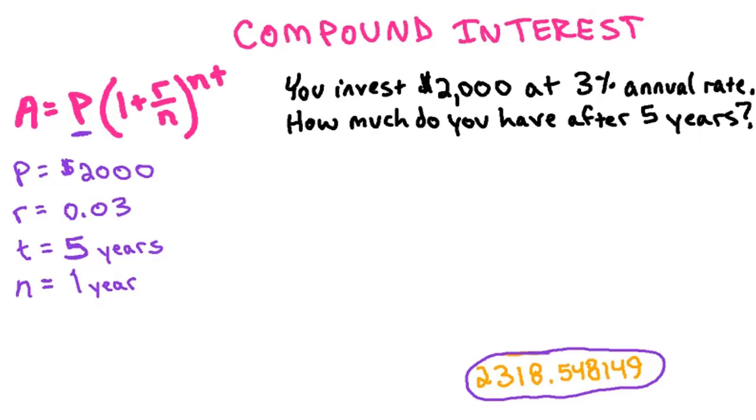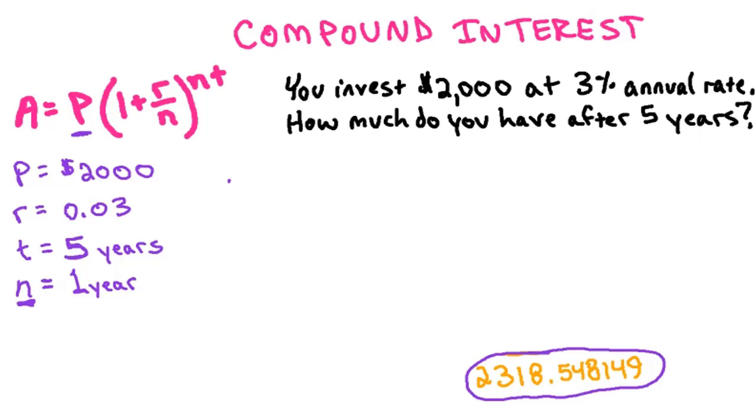So N is how often it's compounded, and if it's annual, that's going to be every year. And then T is how many years you leave it in there. How many sections of time do you leave the money in there to keep accumulating interest? So that means A equals P times the quantity of 1 plus R over N, to the power of NT.